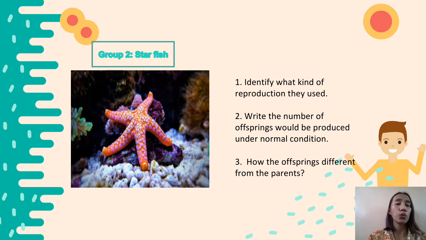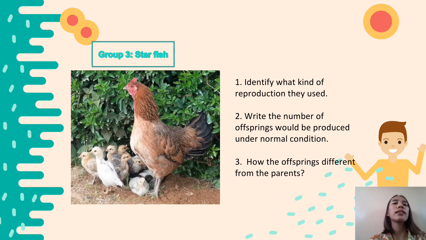They can reproduce by themselves. Okay, so because they can reproduce on their own, the offspring is similar or an exact copy of the parent. Okay, another one is group 2. Okay, present your work.